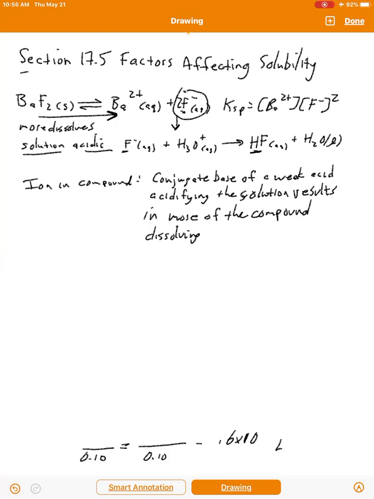Okay? It's got to be the conjugate base of a weak acid. It wouldn't work for a strong acid, but it will work for a weak acid, the conjugate base of a weak acid.